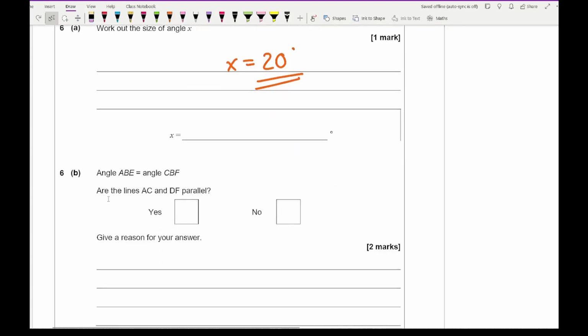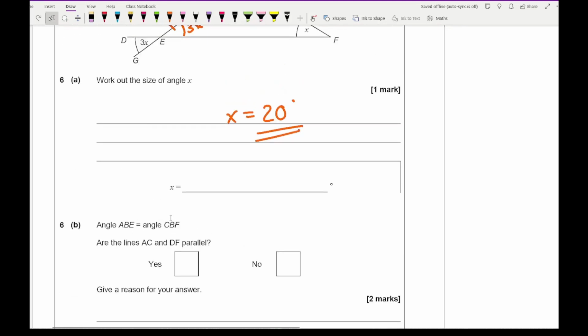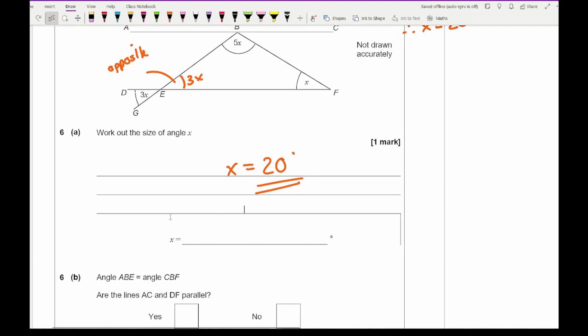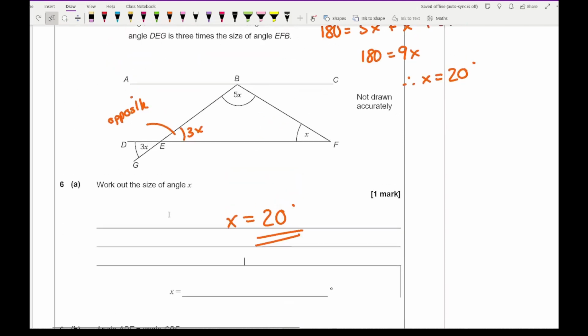Then moving on to question 6b, it says angle ABE is equal to angle CBF. Are the lines AC and DF parallel? Yes or no, give your answer. So the two angles that are equal are ABE, which is this angle here, and it says that that angle is equal to CBF, which is this angle here.